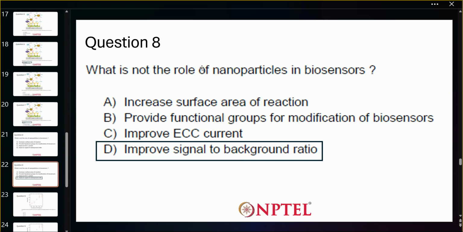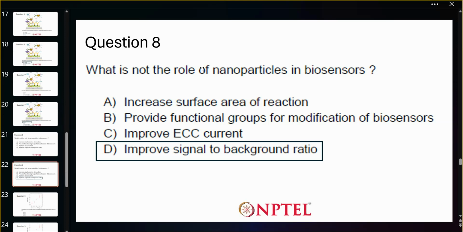You might see many examples where gold nanoparticles are used to improve the signal to background ratio, but that happens only when there is a redox reaction designed with the gold nanoparticle, or the activated gold nanoparticle inside, or a coated gold nanoparticle.